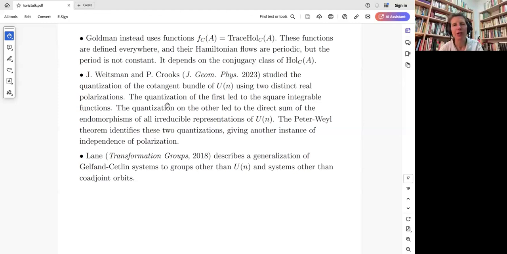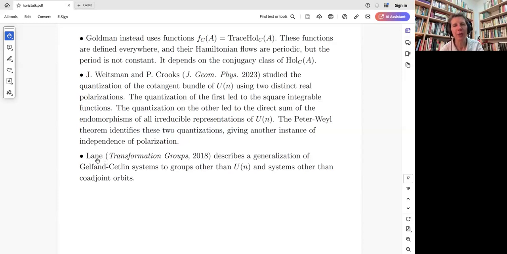The quantization of the first led to the square integrable functions on U(N). The quantization of the other led to the direct sum of the endomorphisms of all irreducible representations of U(N). The Peter-Weyl theorem identifies these 2 quantizations, giving another instance of independence of polarization.